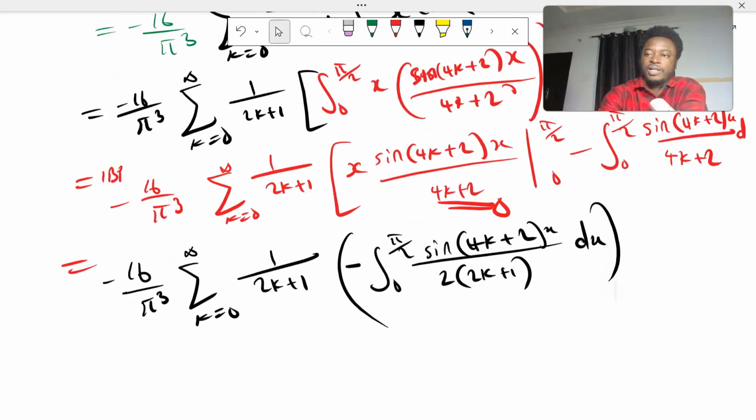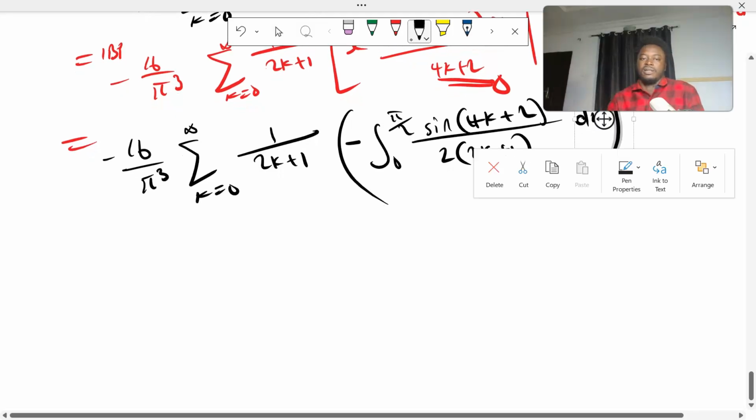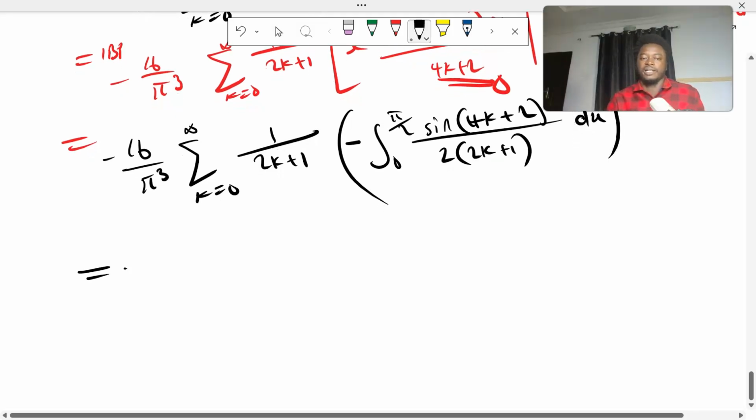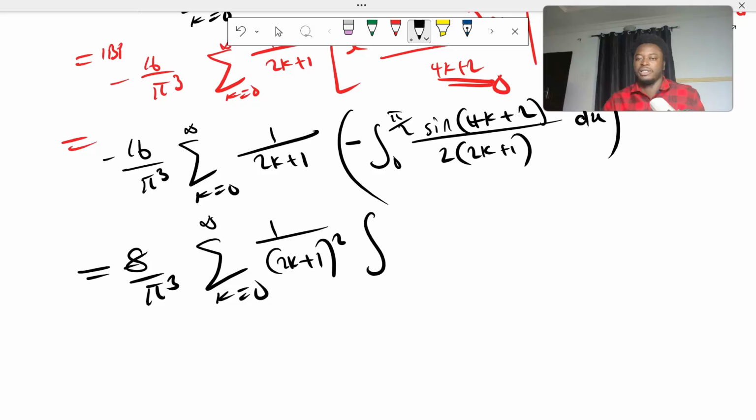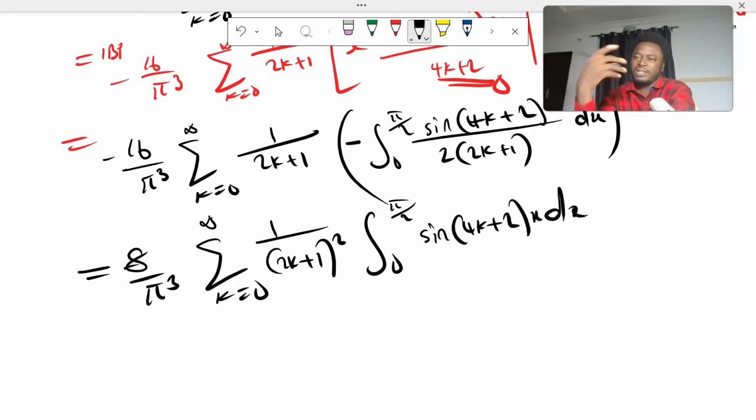So we can factor out the k terms, and you have negative 8 over pi cubed times the sum as k runs from 0 to infinity of 1 divided by (2k plus 1) to the second power, then the integral from 0 to pi over 2 of sine of (4k plus 2)x dx. Now all that remains is to get this sine integral, which is very easy.